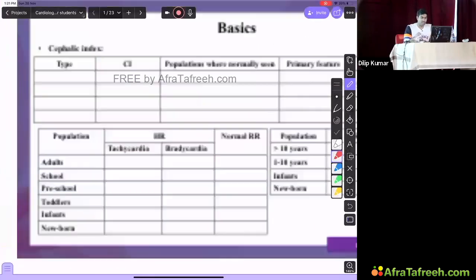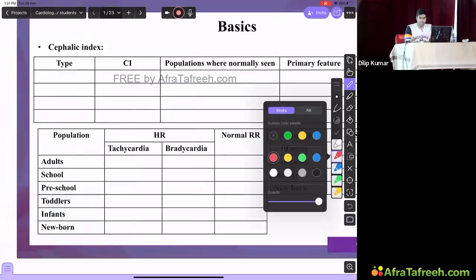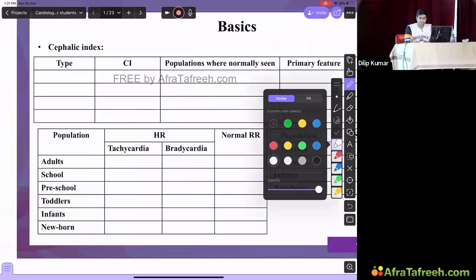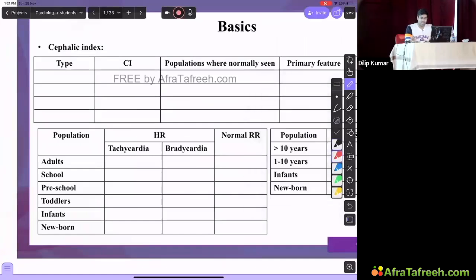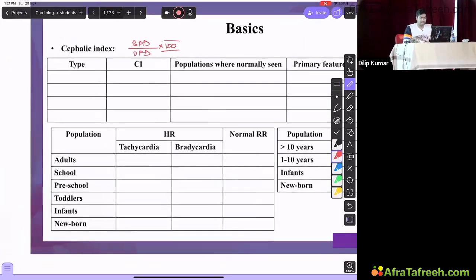So what do you mean by the term cranial index or cephalic index? The calculation says it's BPD by OFD multiplied by 100. You need to give it in the form of percentage, that's why you're multiplying by 100. This is called the cephalic index. We have multiple types based on cephalic index.